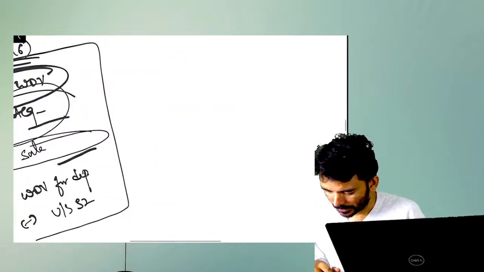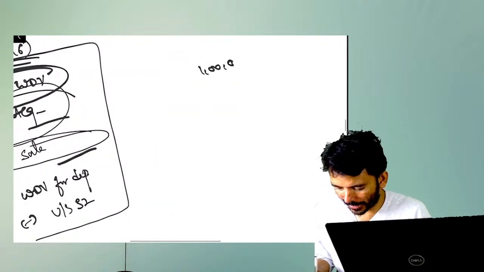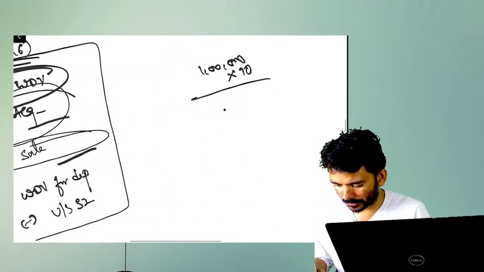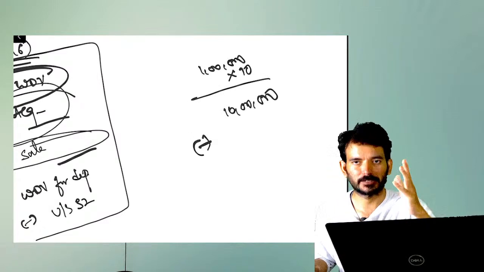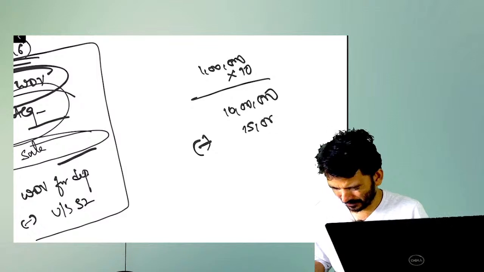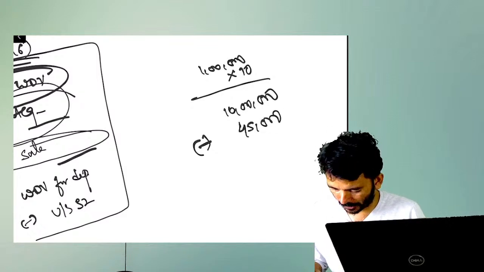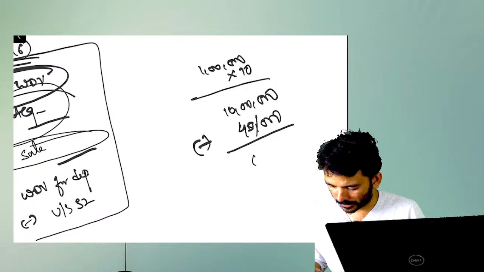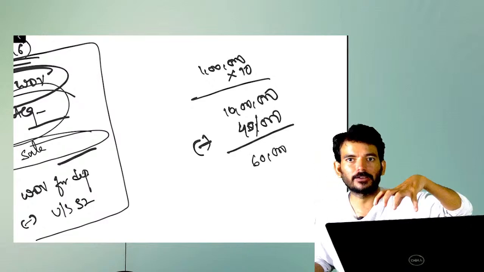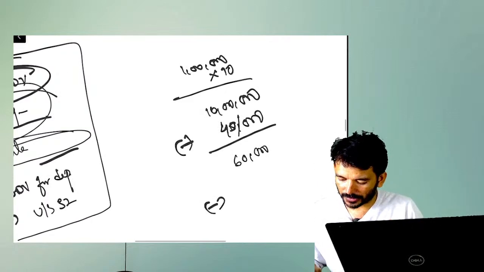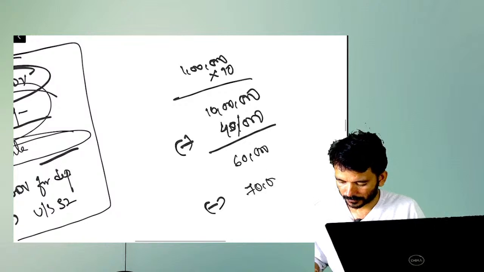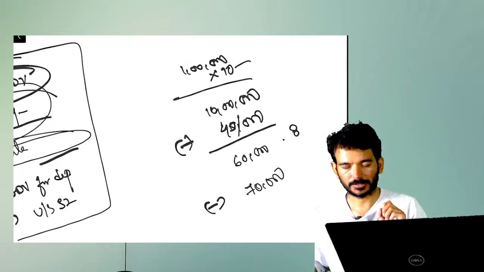Put it another way, 1 lakh is the value of a laptop, 10 laptops I bought, so 10 lakhs is the opening WDV. I am charging depreciation at the rate of 40% for the first year, so 40,000 depreciation. So 60,000 will be WDV at the beginning of the year. If I am selling it for 70,000, out of 10 computers I am selling only 8 computers.